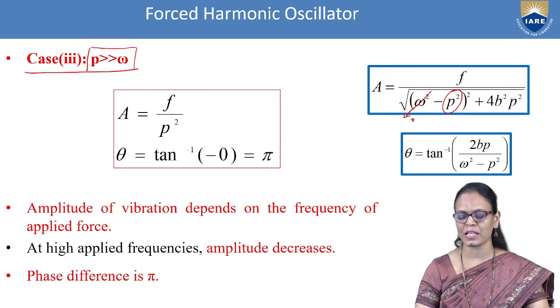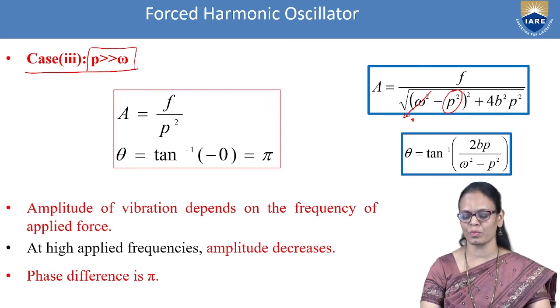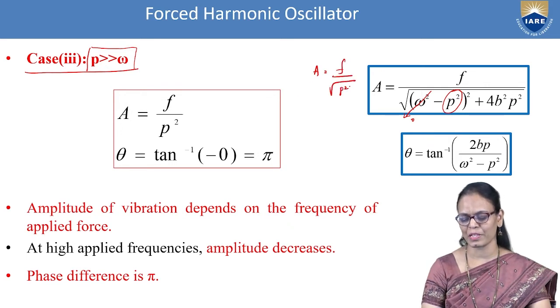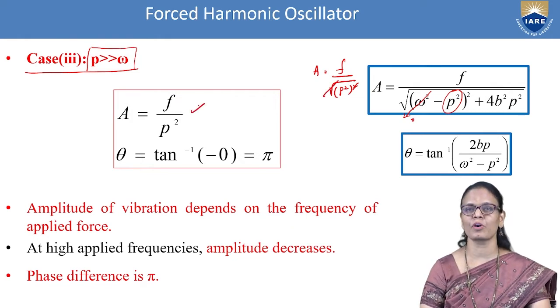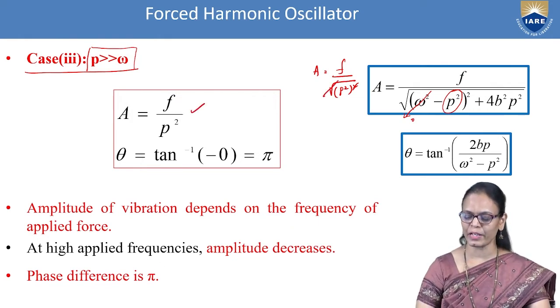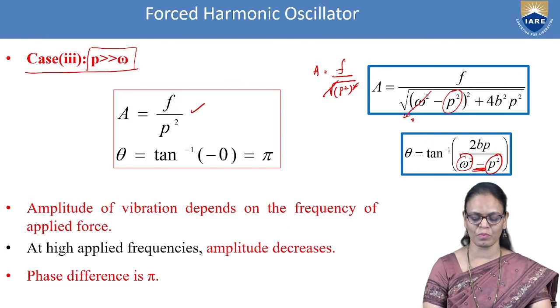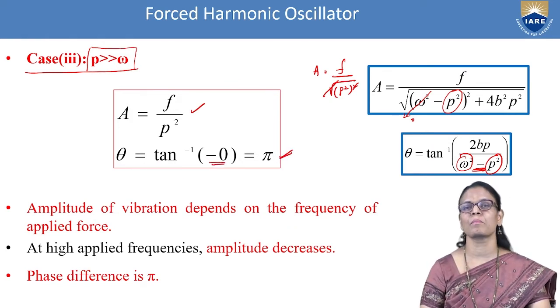What we get here is F by P square under root P square. So A is equal to F upon under root of P square whole square. So we have A is equal to F upon P square. And here also, P is greater, so we are neglecting, so we'll have a negative term, minus 0. So tan inverse of minus 0 is pi.